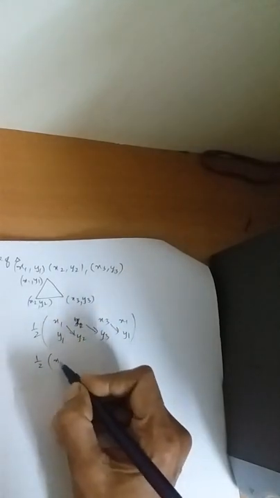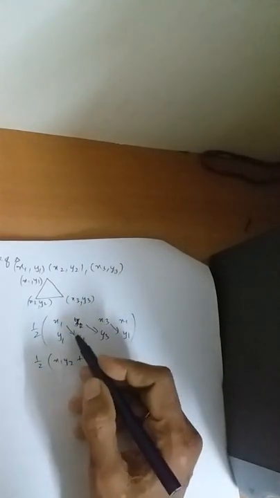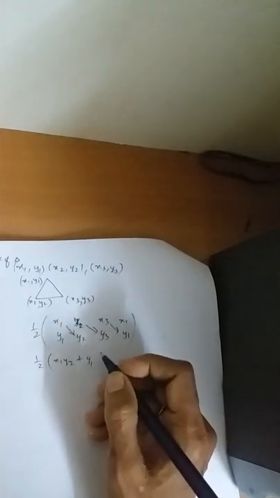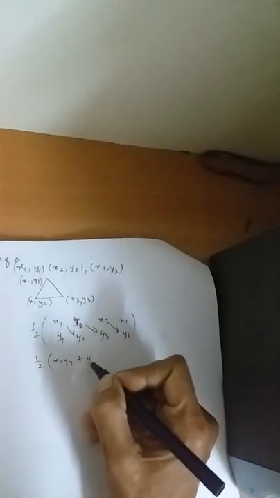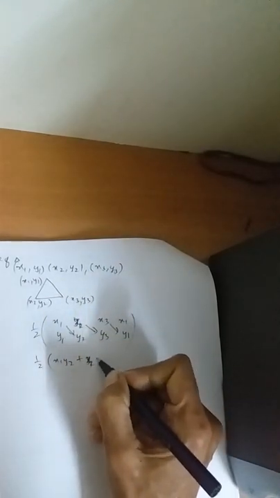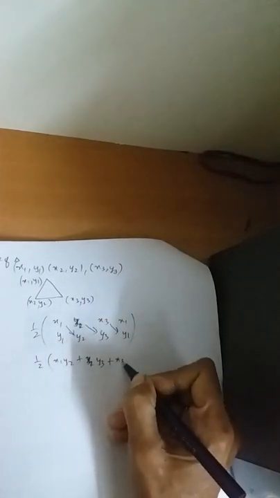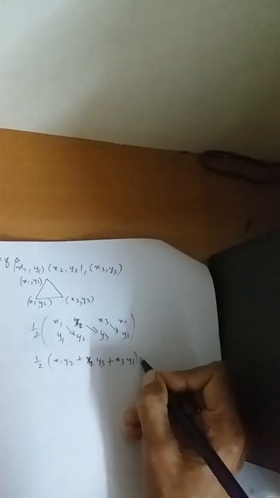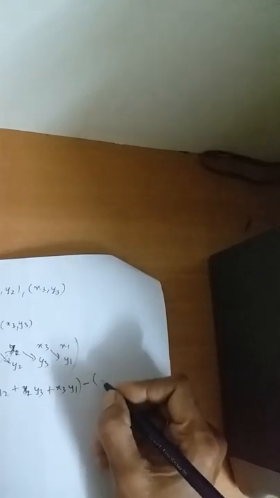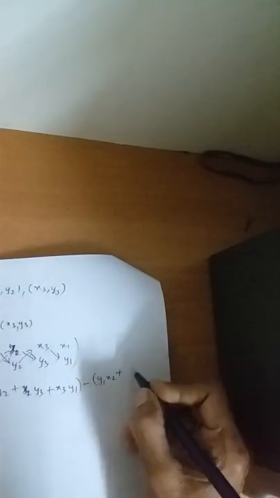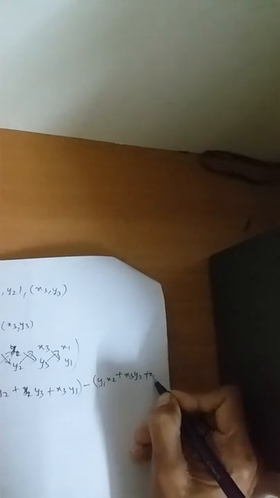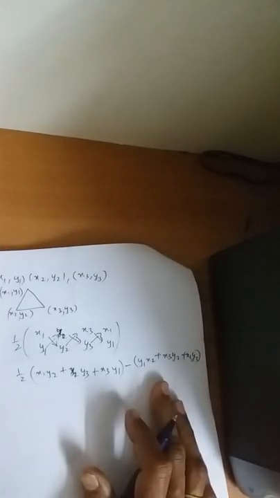Like this you have to multiply: x1, y2 plus x2, y3 plus x3, y1, minus, now this side you will get y1, x2 plus x3, y2 plus x1, y3. This is how the formula will be.